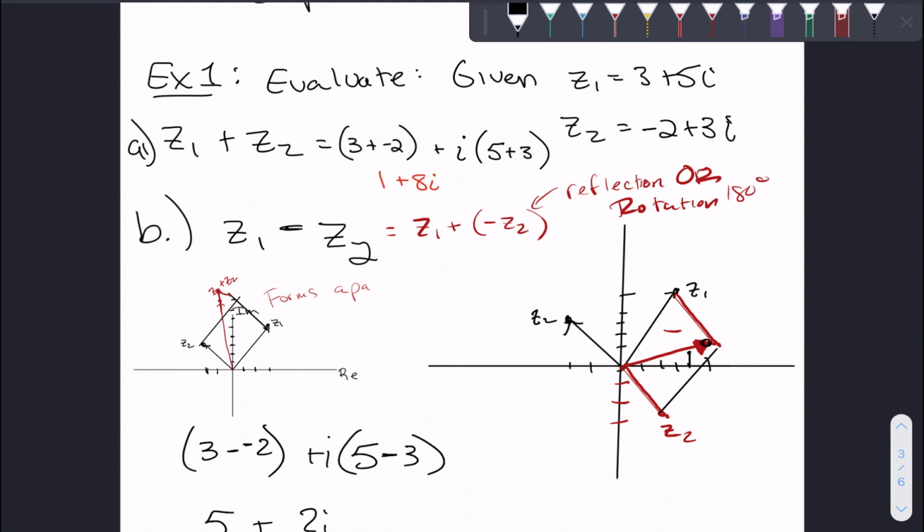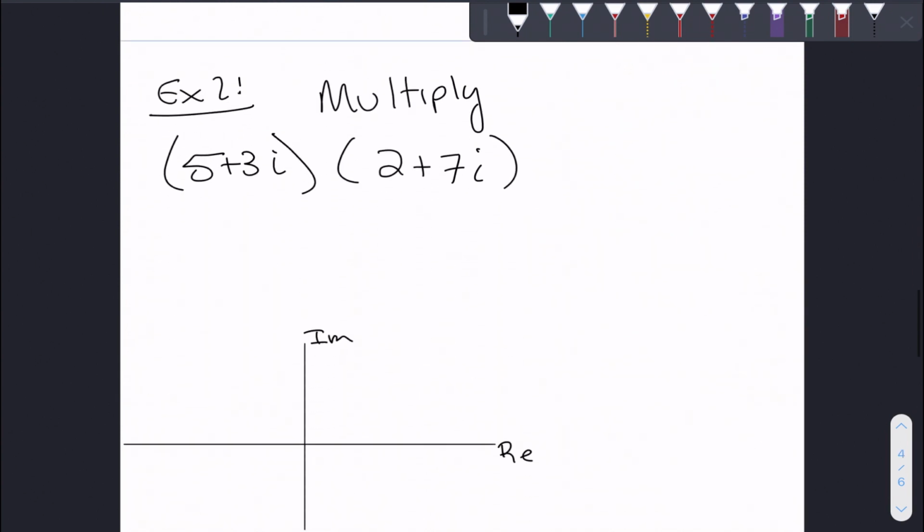So that's addition and subtraction of complex numbers, both graphically and algebraically. Next up, we're going to look at multiplication, conjugates, and then division.